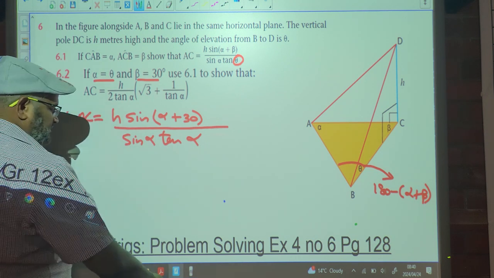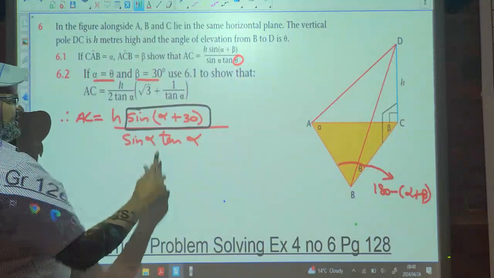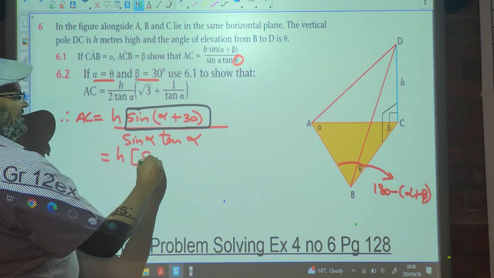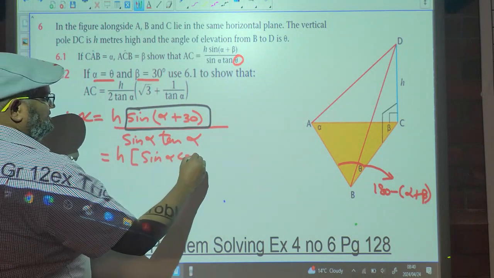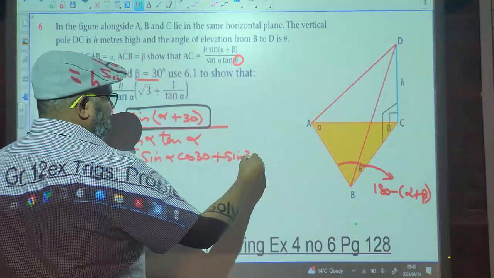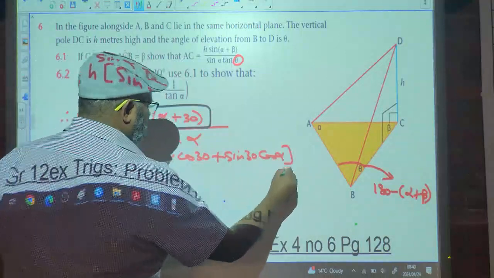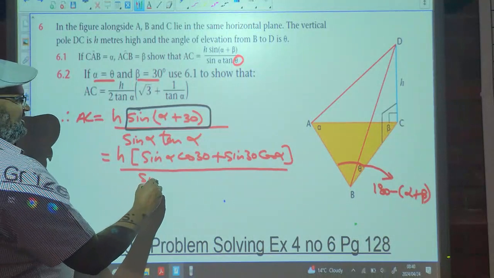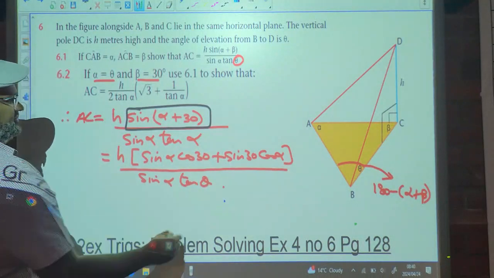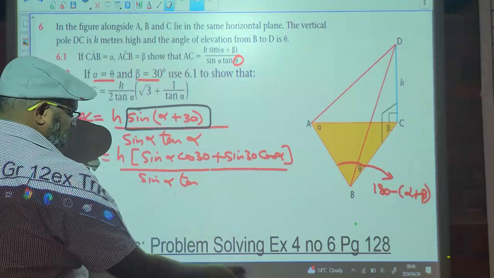Alright, so what we're going to do is use the compound angle formula. So it's going to be H into sine alpha cos 30 plus sine 30 cos alpha, and it's all over sine alpha tan alpha. Okay, you all agree with that?